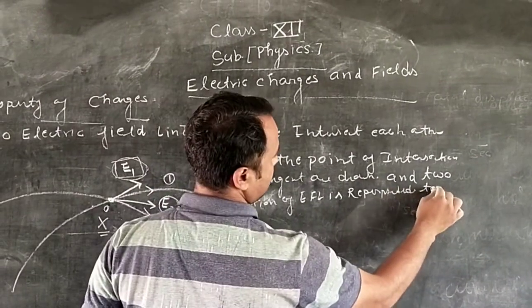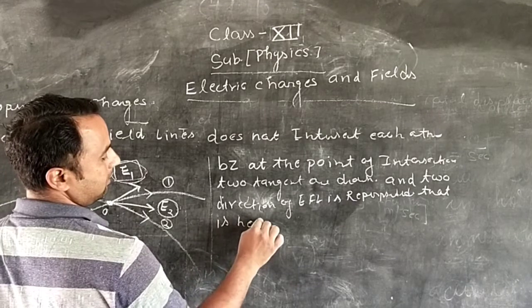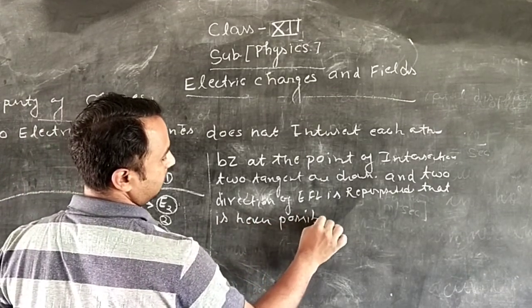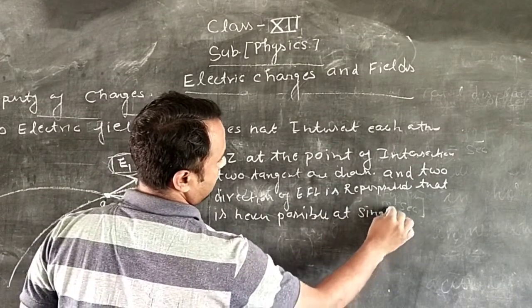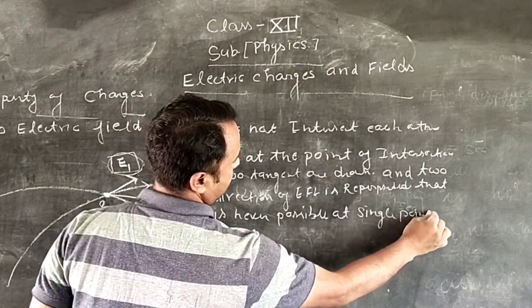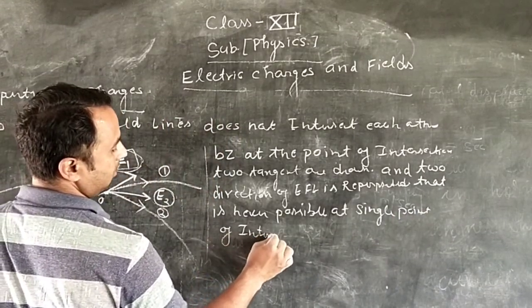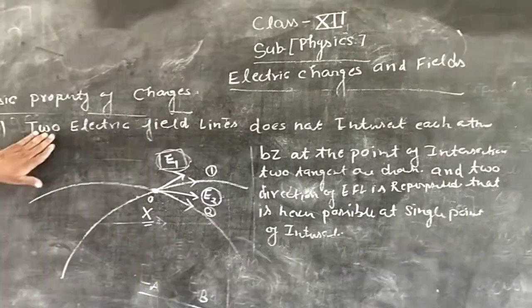That is never possible at a single point of intersection. These are the important properties, so we have to remember them.